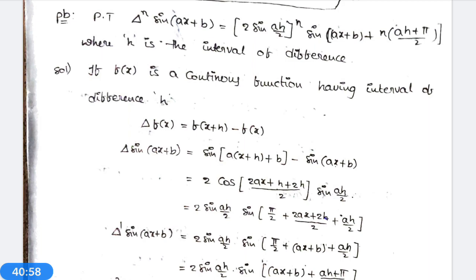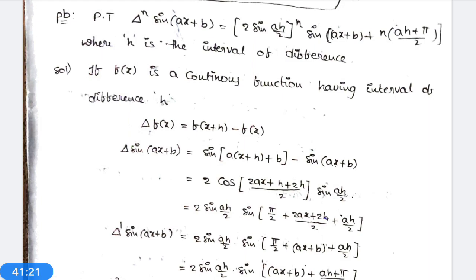Solution. If f(x) is a continuous function of x, then by definition of delta, we get delta f(x) is equal to f(x+h) minus f(x). Call it equation 1. What is f(x)? Sin(ax+b). What is f(x+h)? Sin(a(x+h)+b).